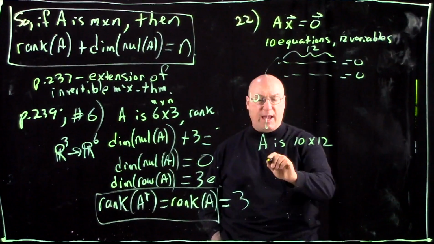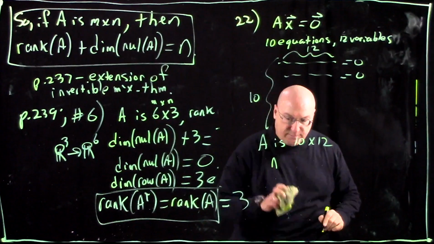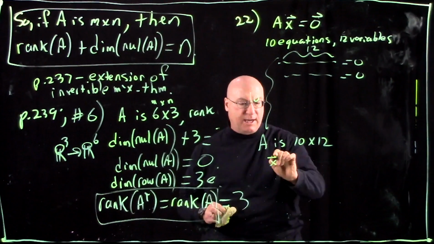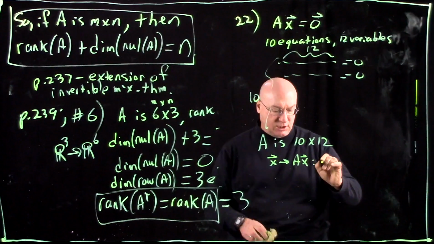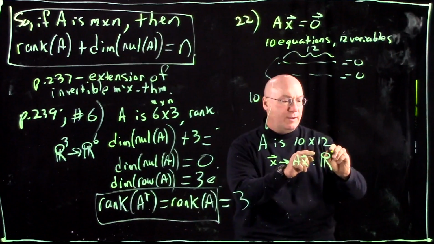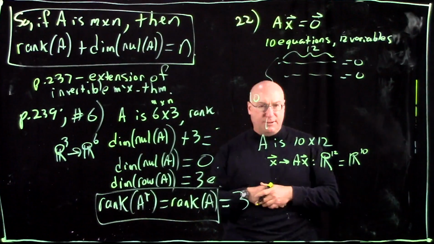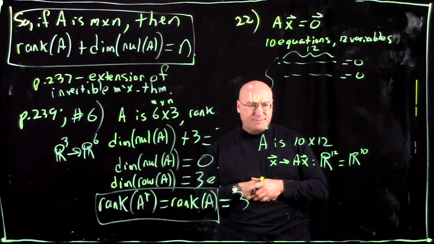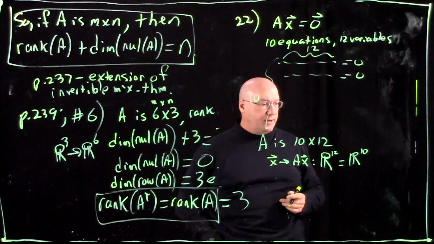So multiplication by A, meaning x going to Ax, takes R12 into R10. All right. Now, I can tell you a number of things.